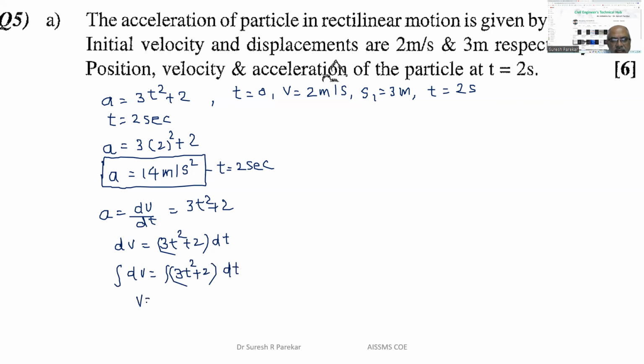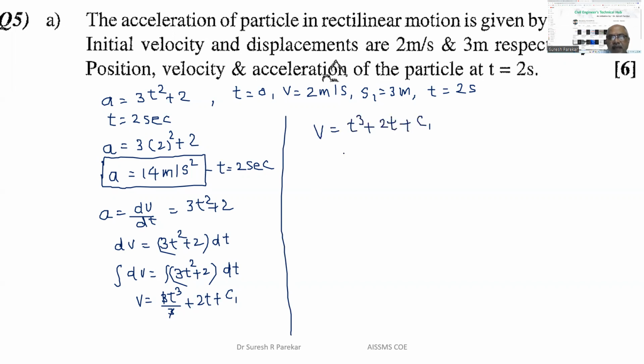So we have v is equal to 3t cube by 3 plus 2t plus c1. Now this 3 cancelled, and we have therefore v is equal to t cube plus 2t plus c1. Then we have at t is equal to 0, v equal to 2 meters per second, and therefore we will get c1 is equal to 2.